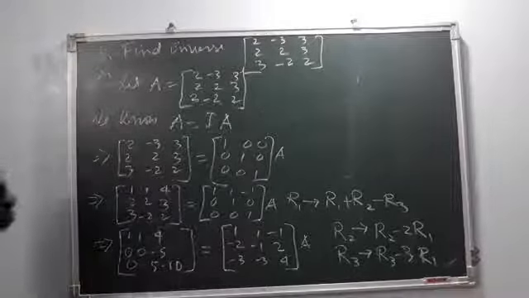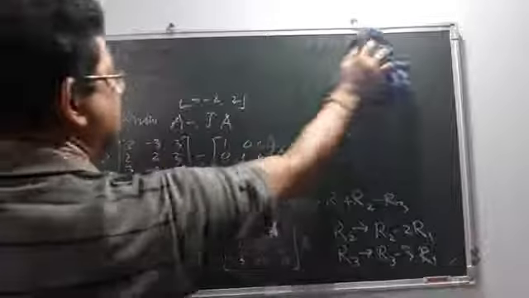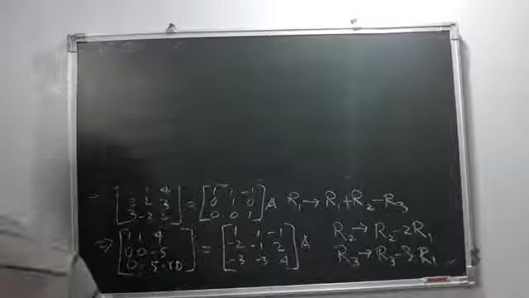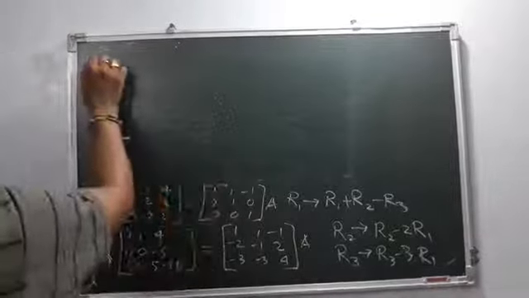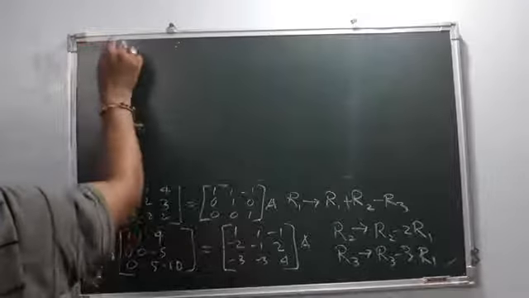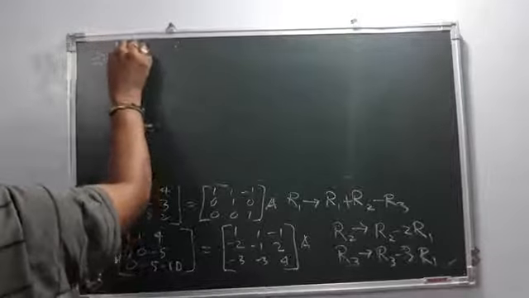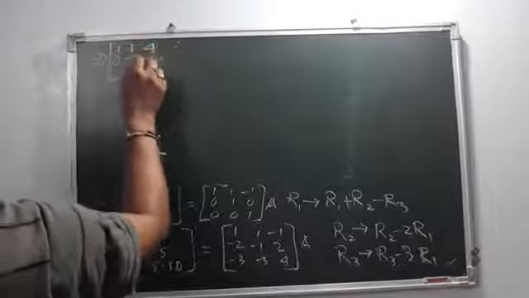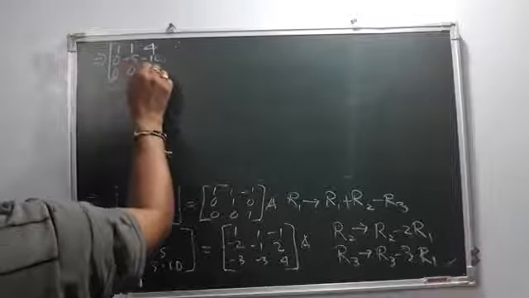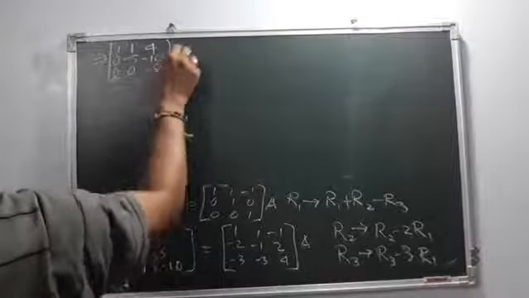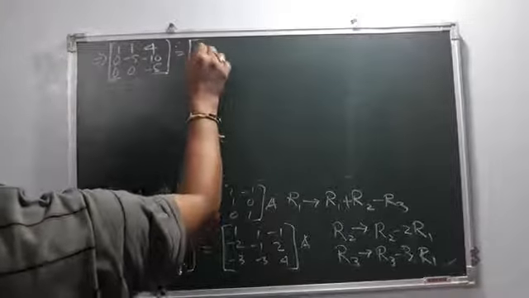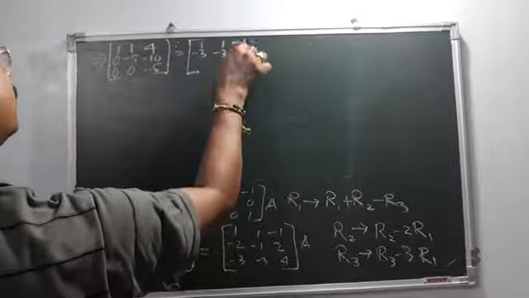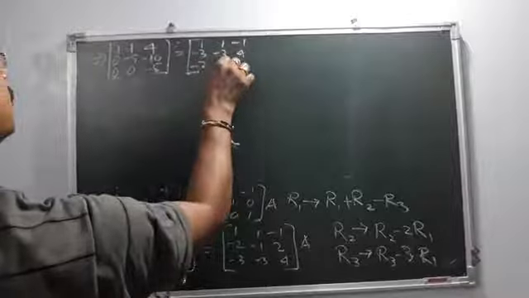Now we will interchange this a little bit. Now we will write 1 1 4, 0 -5 -10, 0 0 -5 is equal to 1 1 -1, -3 -3 4, -2 -1 2.